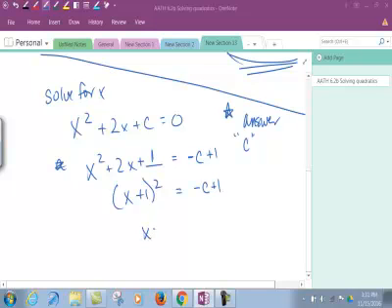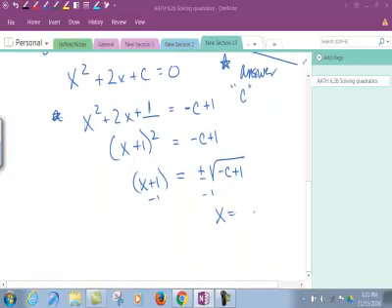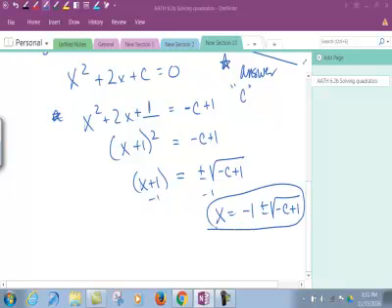Square root of both sides gives us x plus 1 equals plus or minus the square root of -c plus 1. The last step is to subtract 1 from both sides. The answer doesn't really feel much like an answer because of that c there, but it really is the answer to our problem.